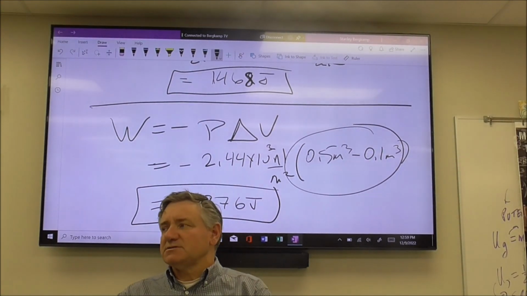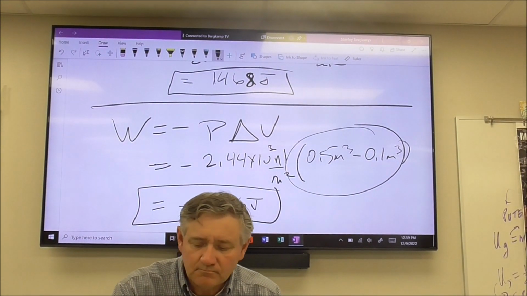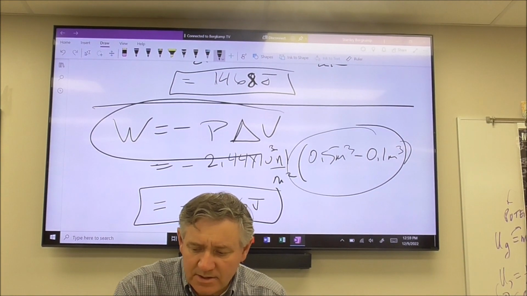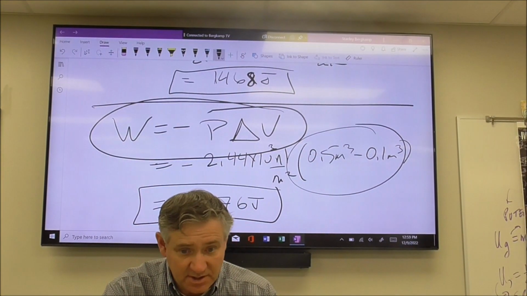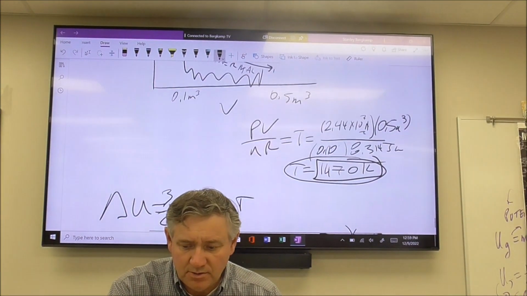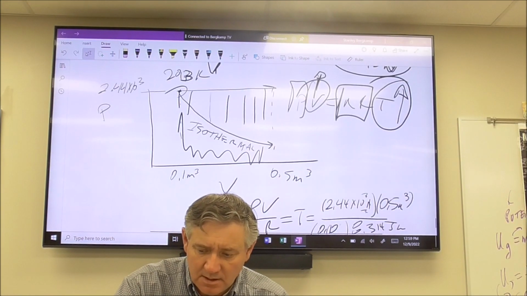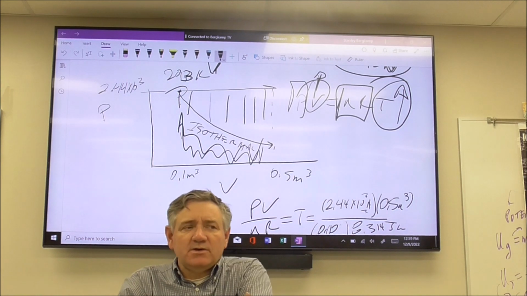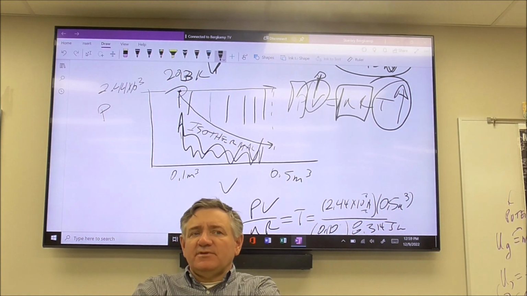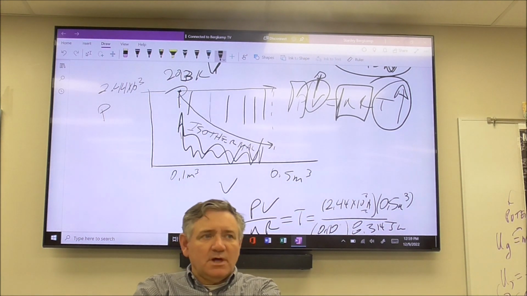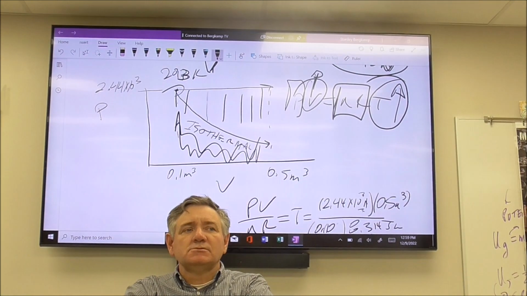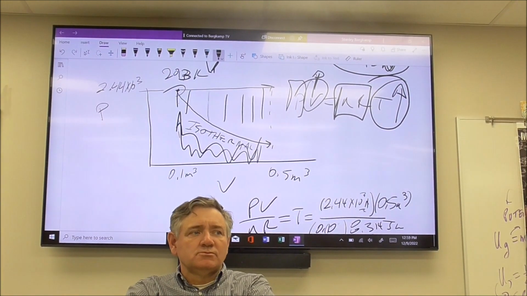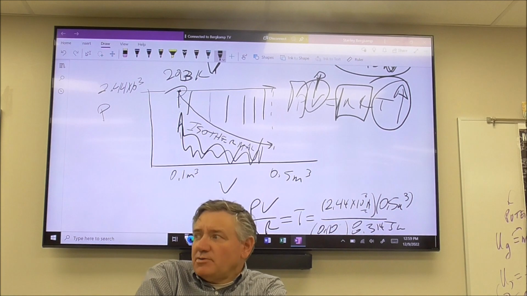Now, here's the question. Why couldn't I use work equals negative P delta V to do the isothermal work? Because you don't have constant pressure. Right, I don't have constant pressure.